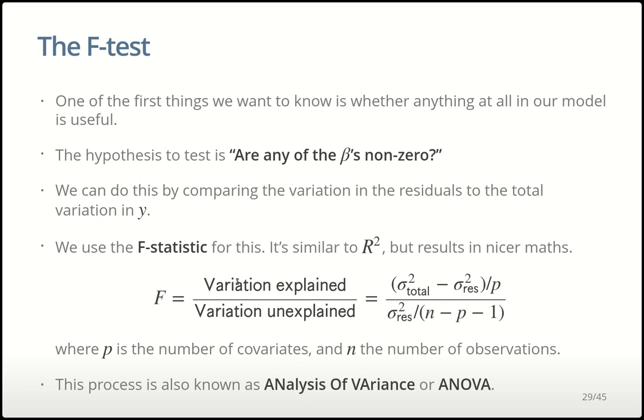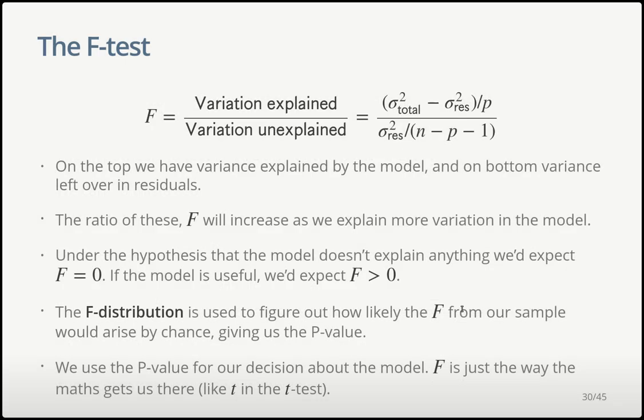So we look at that ratio, and the process that we're going through here is then called analysis of variance because it's looking at that ratio of variation. And you can see here that on the top we have variation explained by the model, right? So if your model explains lots of stuff, that will be a large number. And on the bottom we have variation unexplained by the model.